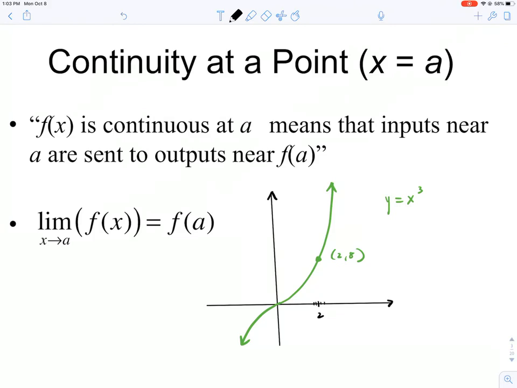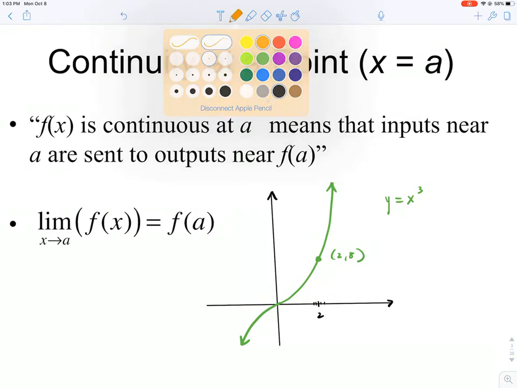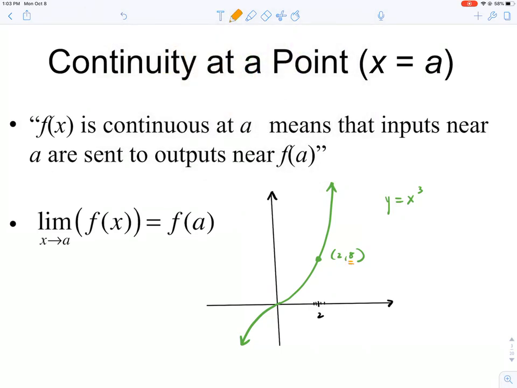Values that are just to the right of 2. The y values that correspond to those x values would be very close to 8, right? So 1.99 should map to a value that's very close to 8, and 1.999 should be a value that's even closer to 8, and then same thing with those values to the right. So this should be sounding familiar, right? It should sound like limits.